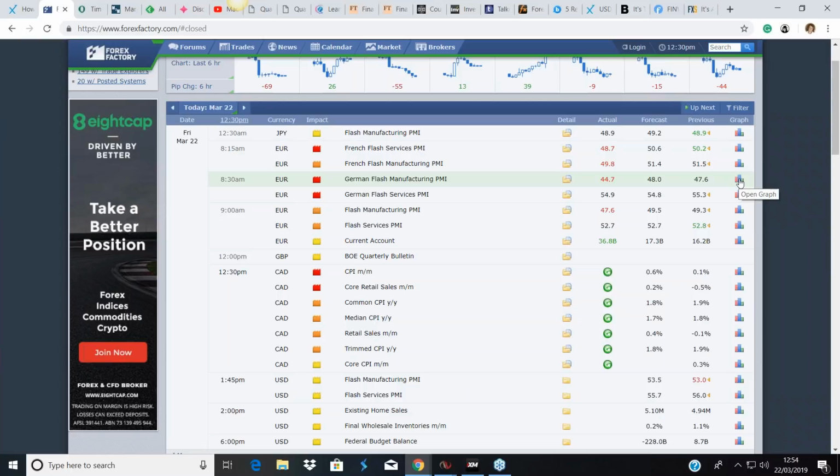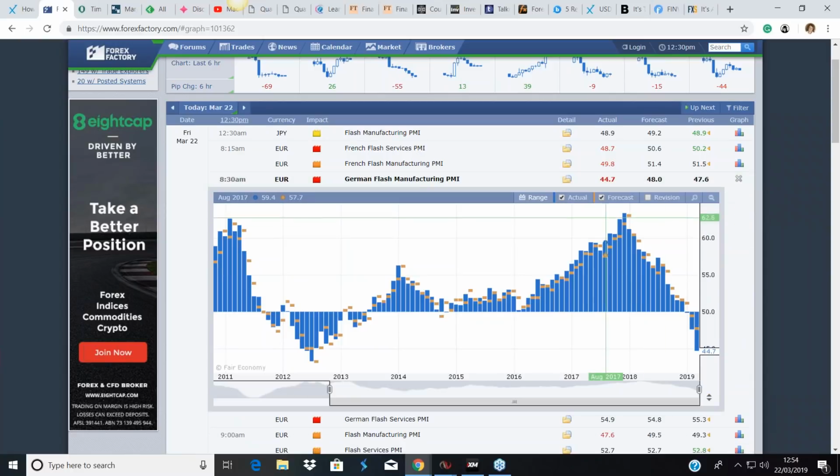So reading fundamental data, having a graph like this, most times numbers come in as expected. You might get a knee-jerk reaction, but today is more than just a knee-jerk reaction.